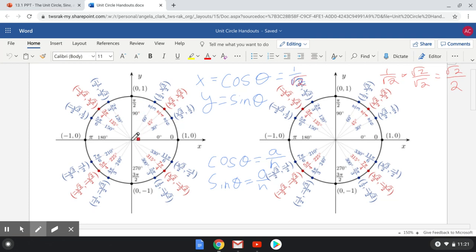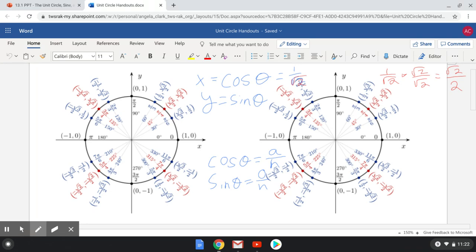That's very clear, right? X is 0. I'm not going any direction, right or left. So x is 0, and this is a unit circle, so the radius is always 1. So sine here, or y here, has to be 1. So the sine of 90 degrees is 1, and the cosine of 90 degrees is 0.